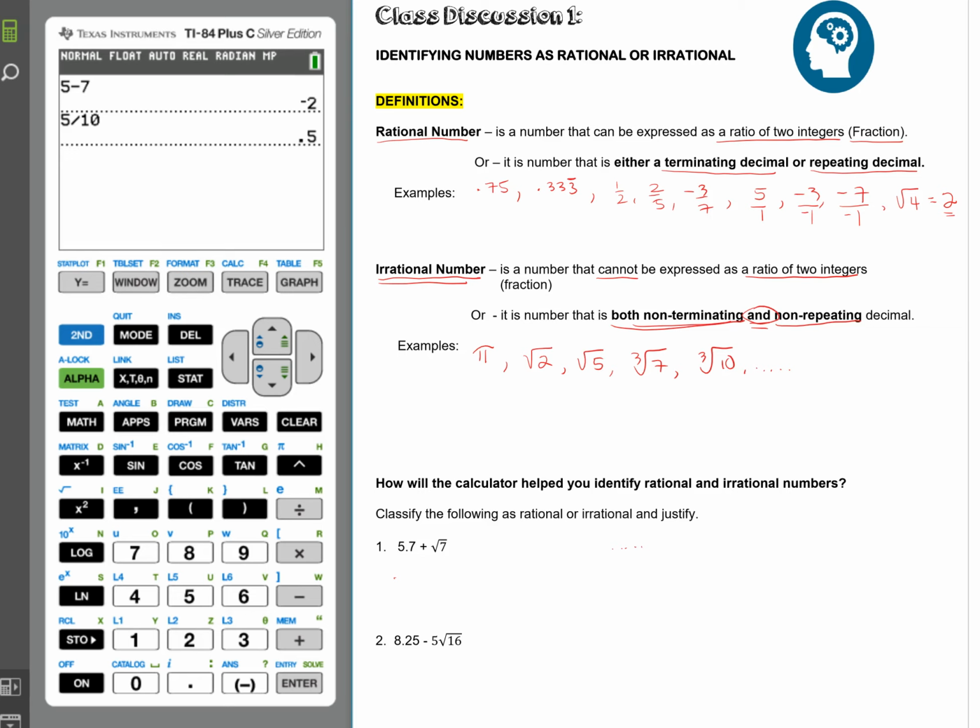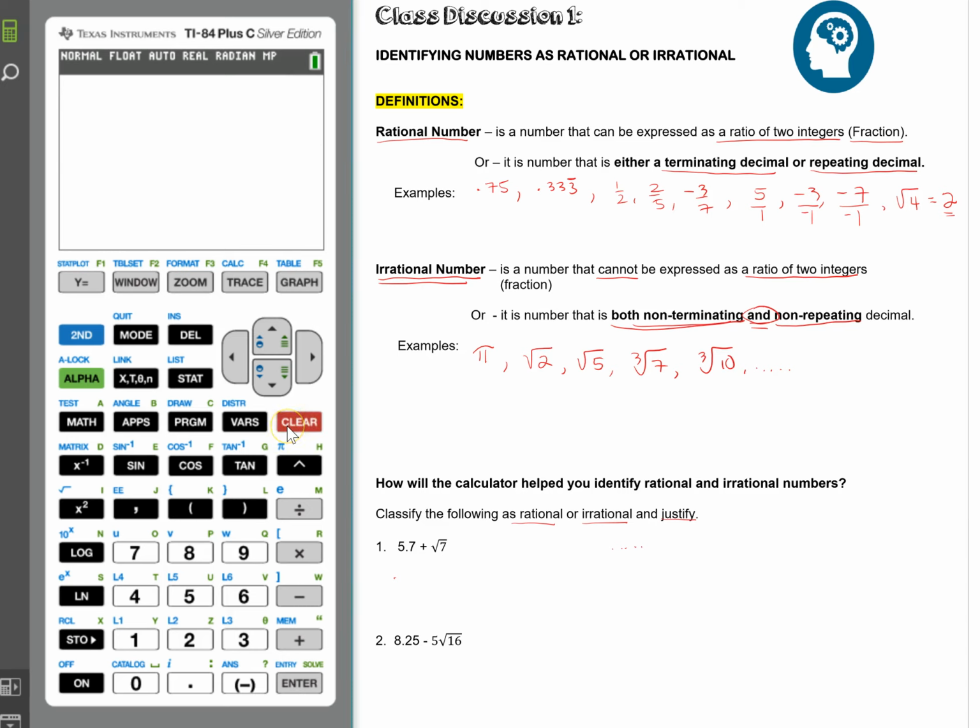So let's now try some examples. How will you use a calculator in identifying rational and irrational numbers? Let's look at the first one, 5.7 plus square root of 7. Identify whether the result here is a rational or irrational number and try to justify your answer.